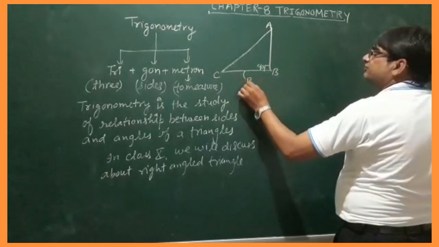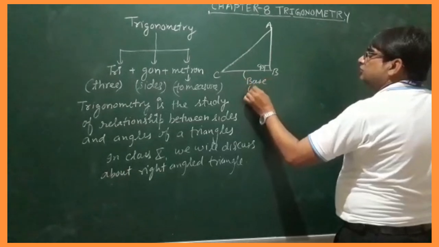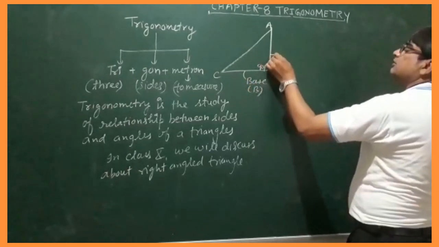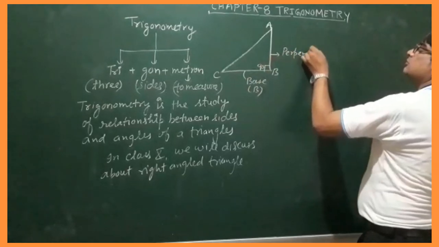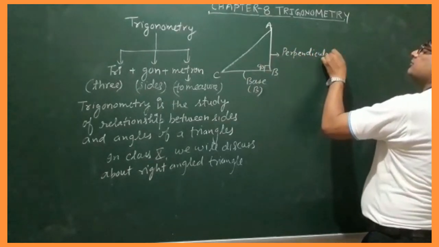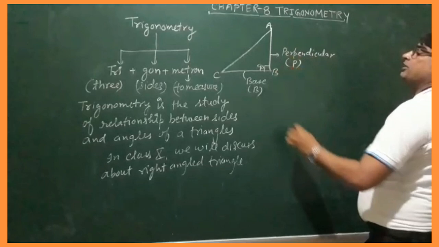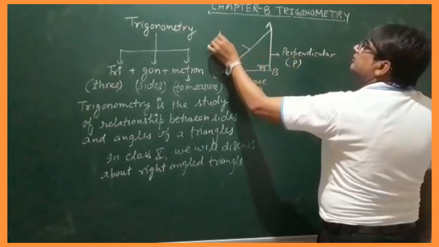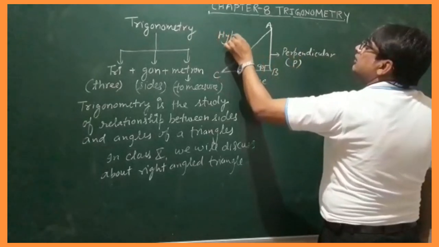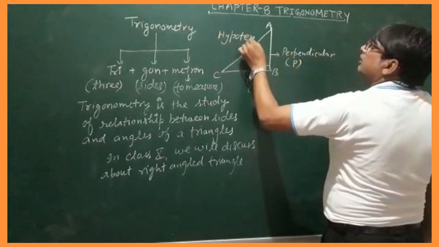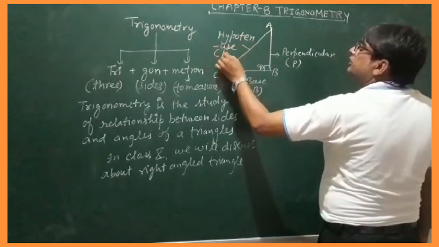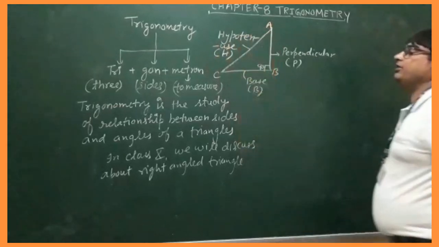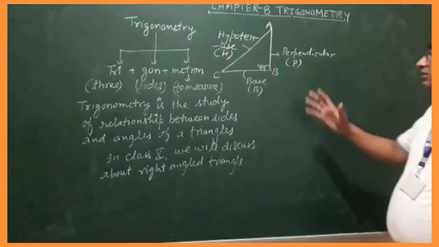This is the base, denoted by capital B. This is the perpendicular, denoted by capital P, and this is the hypotenuse, denoted by capital H.